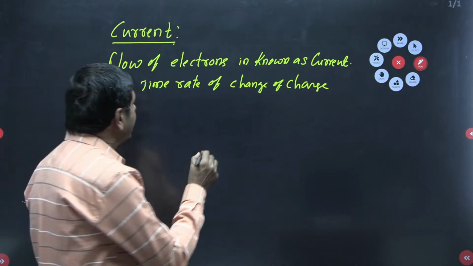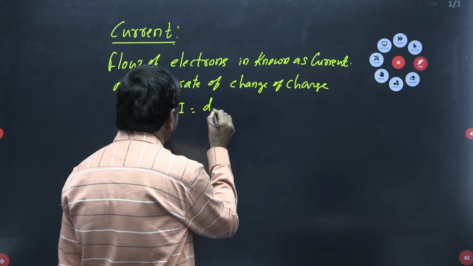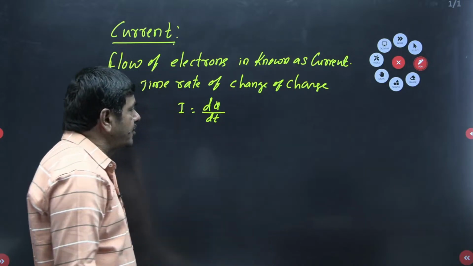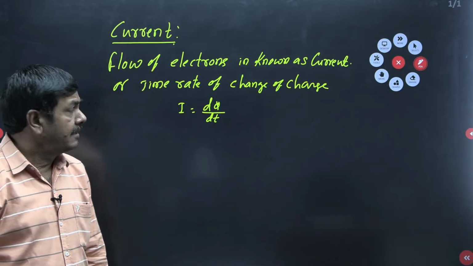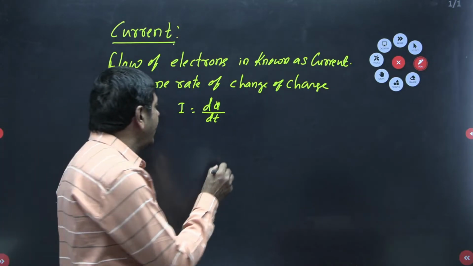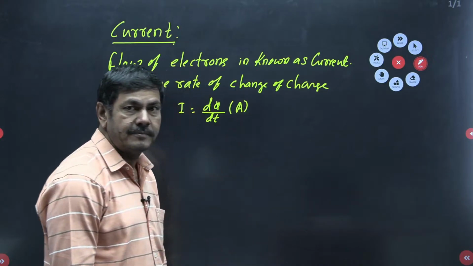So I would like to take the formula for the current like this: I equals dq by dt. I can write capital Q or small q, the choice is yours, no problem. dq by dt is to be taken as current. Units of current are amperes.